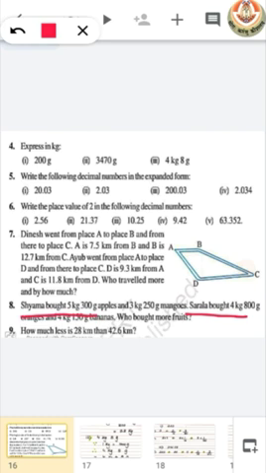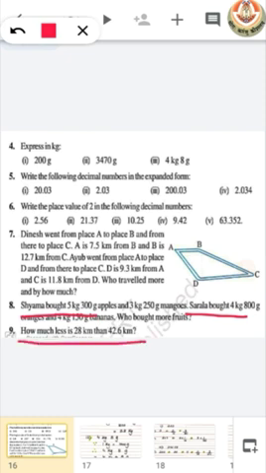For this, we just have to add the weight of both fruits brought by Shama, and for Sarla we have to add the weight of both the fruits brought by Sarla. Then we get to know who brought more fruit.